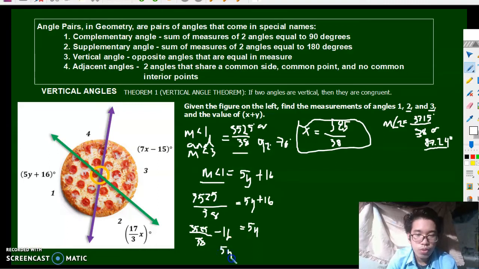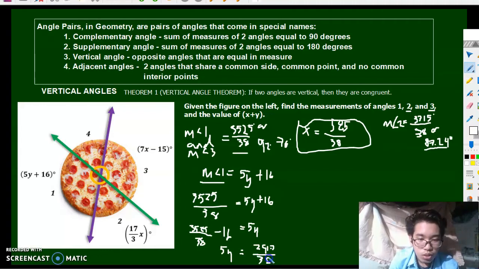If we subtract 16 from 3,525 over 38, the answer is 2,917 all over 38. So we're still not done yet.